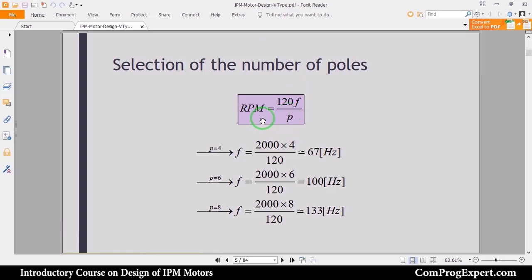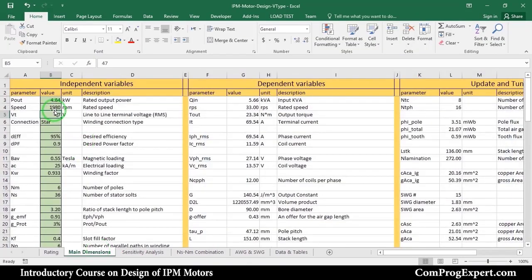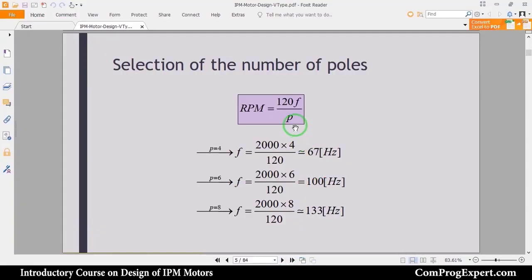We already know the value of RPM. We have set the value of RPM equal to this number 1980, and by considering a value for the number of poles, we can calculate the frequency of supply.